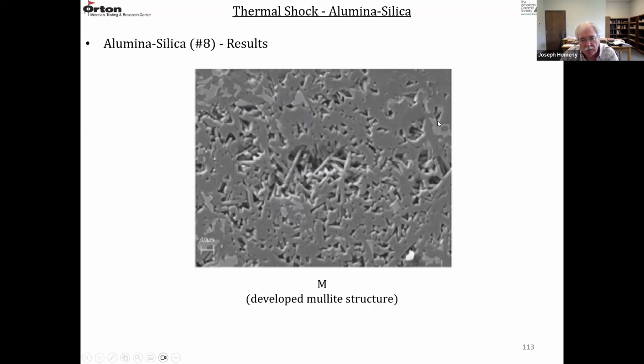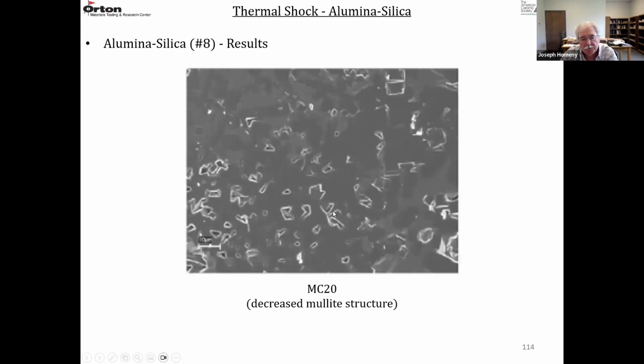There's not a whole lot of it there. You see mostly the needle-like mullite crystals. These crystals are interwoven and interlocking. They make a pretty good material in terms of strength and give high fracture surface energies.